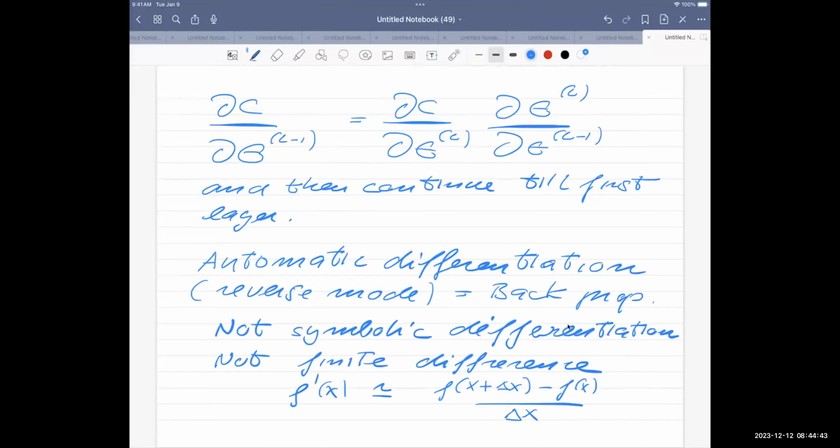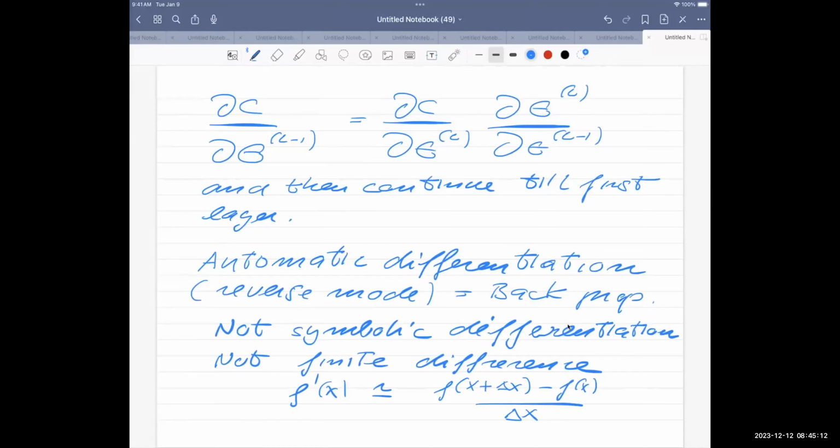But these kinds of methods which you see here, both the symbolic differentiation, which can often lead to very lengthy equations, or the standard finite difference, which normally gives you a result which depends on this approximation you make, delta x, with delta x a step size, these methods are actually not the same as automatic differentiation.